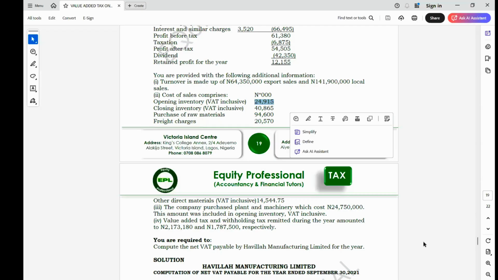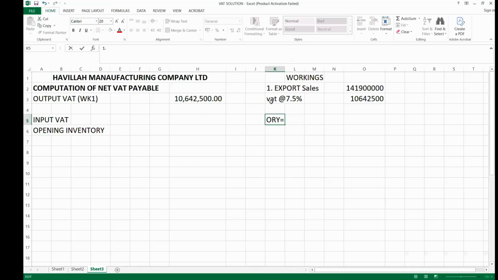So we have opening inventory. The opening inventory amount will now give us the value: the total opening inventory, which is 24,915,000 minus 24,750,000.